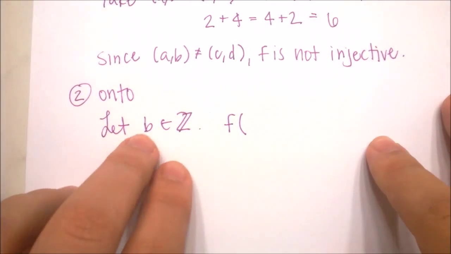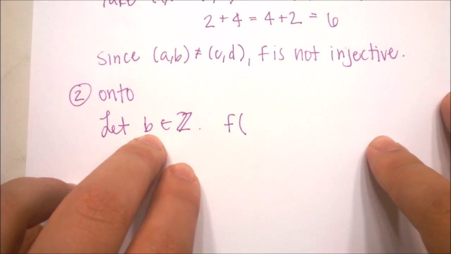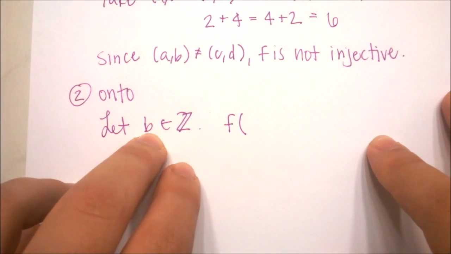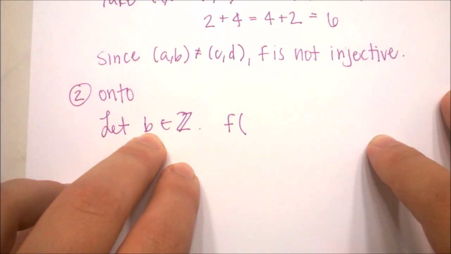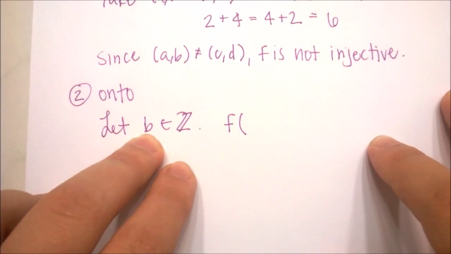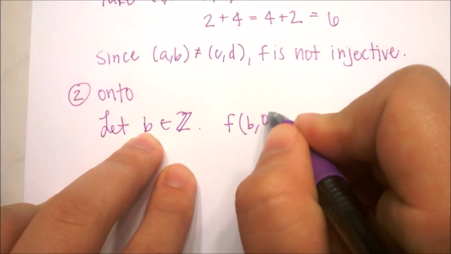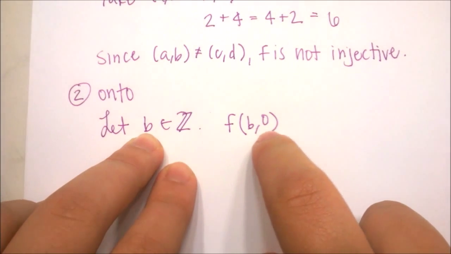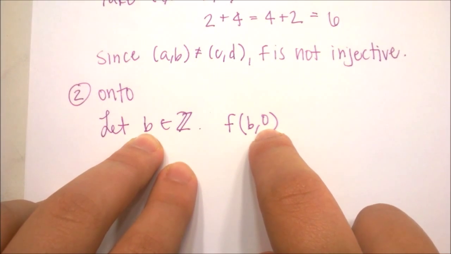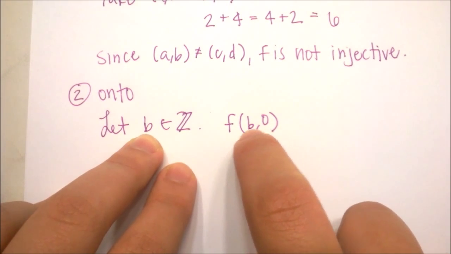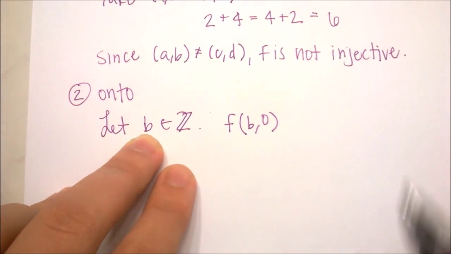So here we want to show that something maps to b. So what adds together with b to get b? 0. So f of b, 0. 0 is an integer, so that works here because our inputs are integers. And b, we already said, is an integer.